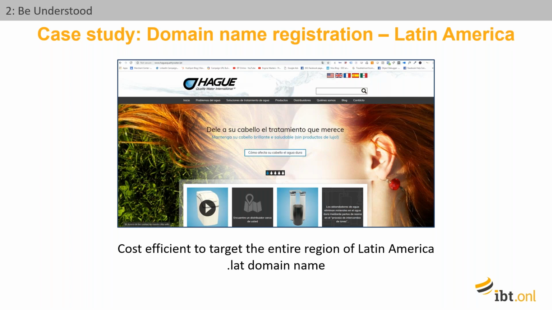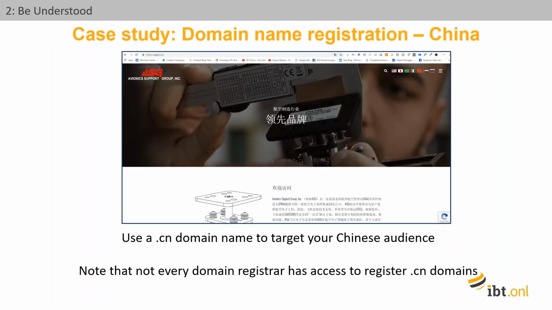Now let's look at an example where you target one country. This is China. China's not so easy. Here's an example of a company, one of our clients called ASG. We built the website to target China, and it resulted in some fantastic orders for this market. Purchasing a .cn domain name was a very obvious choice for them.